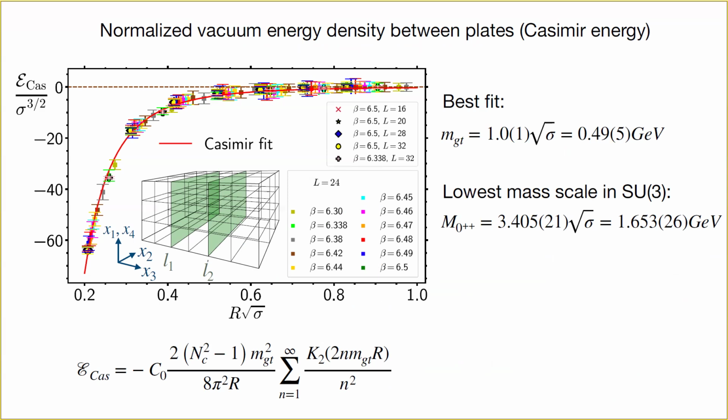But in the case of the SO(3) theory, we have some mass scale which we obtain from this best fit, and it is half of a GeV, and it's amazingly much smaller than the lowest mass scale in SO(3). That means it's some new particle in the spectrum in this case in SO(3). This is the mass of the glueball, but it's much smaller than the mass of the glueball. It's also purely a property of the gauge group that we obtained.